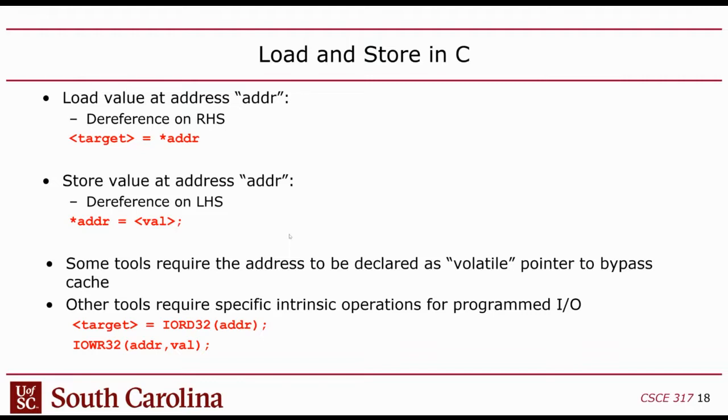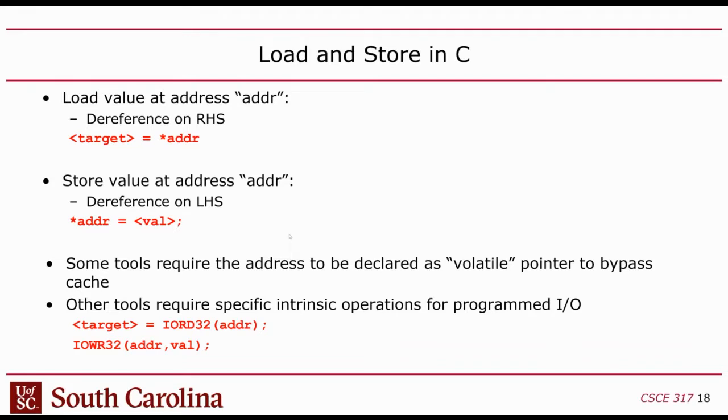So you have to read the documentation. Sometimes you have to use explicit intrinsics that map to special instructions. Sometimes a regular load and store instruction isn't good enough, even though that's fundamentally what you're doing with programmed I/O. You're just doing load and store to special addresses, but you have to be sure that those loads and stores are not caught by a cache or anything else, or that the compiler doesn't do some optimizations that take those out.